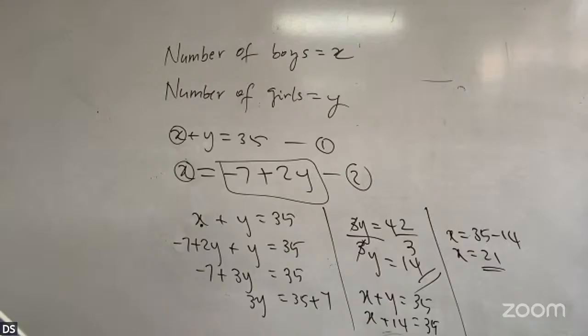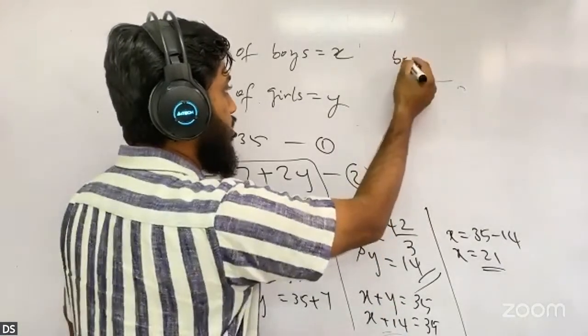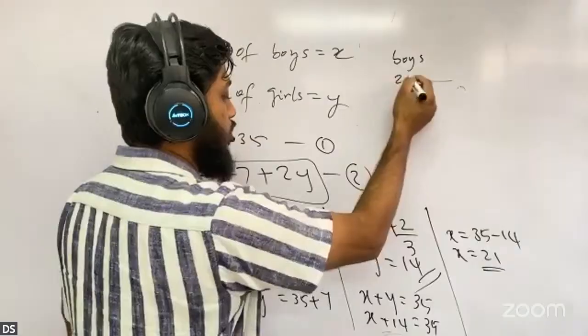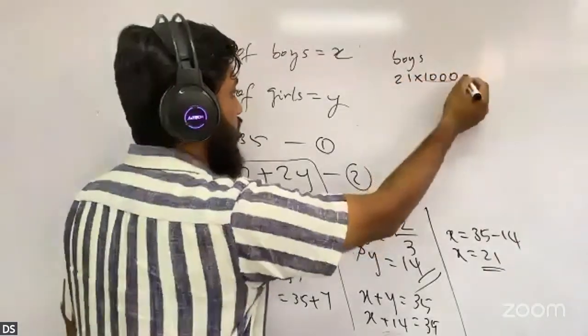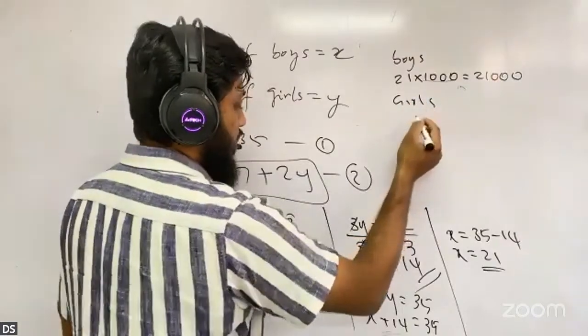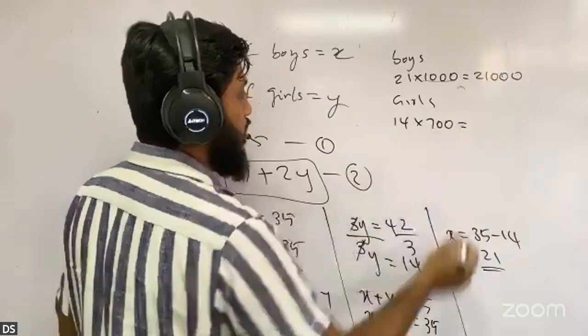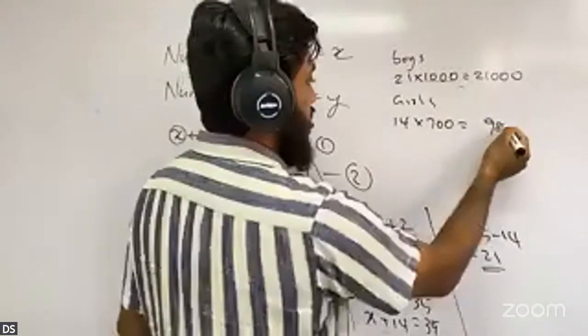And how much is the cost they're asking? Then after that you have to see there are 21 boys. For boys, the cost: 21 into 1000 is 21,000. For girls, there are 14 girls, for each girl 700. 7 into 14 is 9,800.